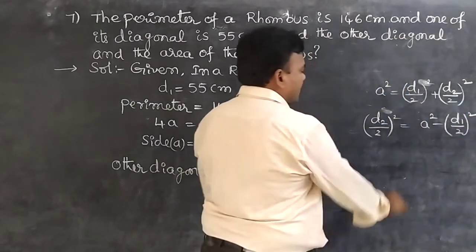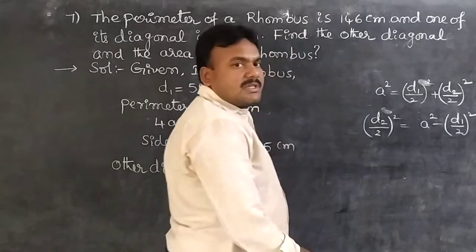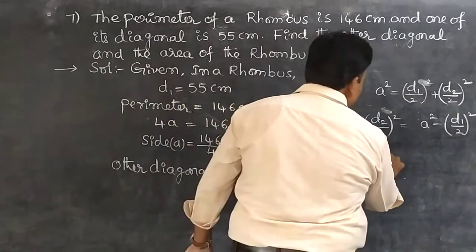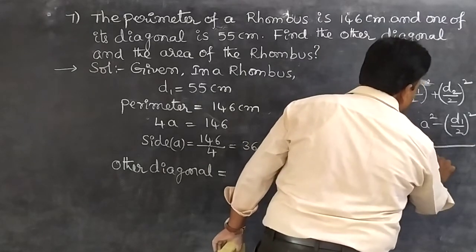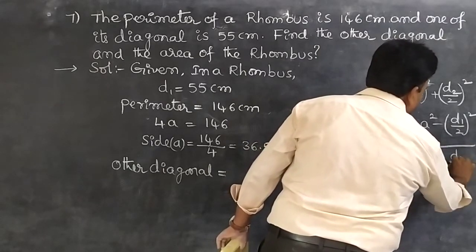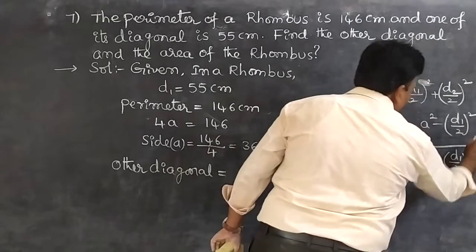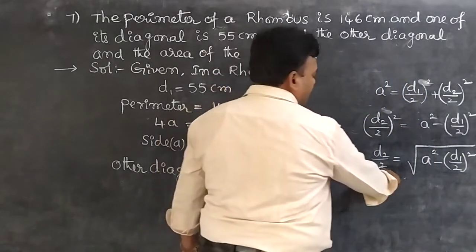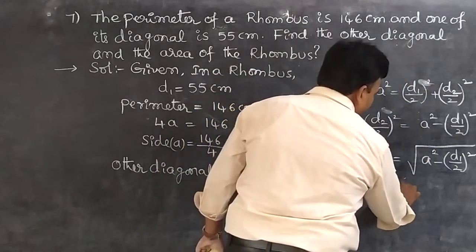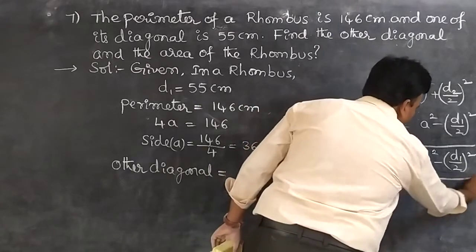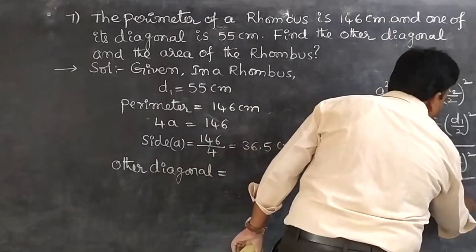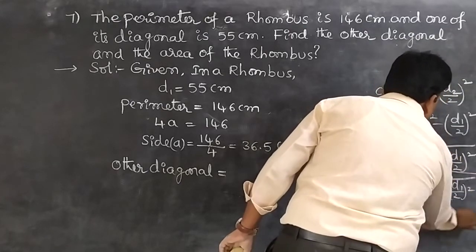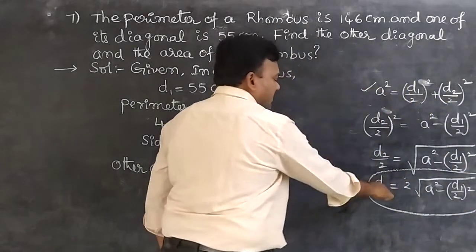The square transfers to the right side and becomes square root. Therefore d2 by 2 equals square root of a square minus (d1 by 2) whole square. The 2 transfers to the right side, finally d2 equals 2 into square root of a square minus (d1 by 2) whole square. This is the formula, students. By using this one, we can get the result finally.